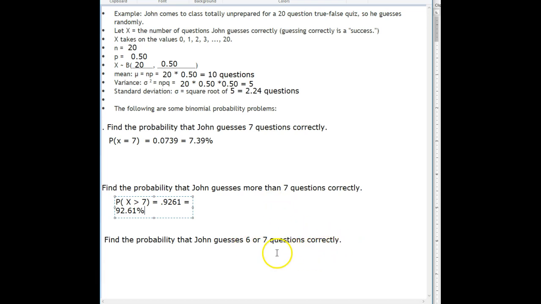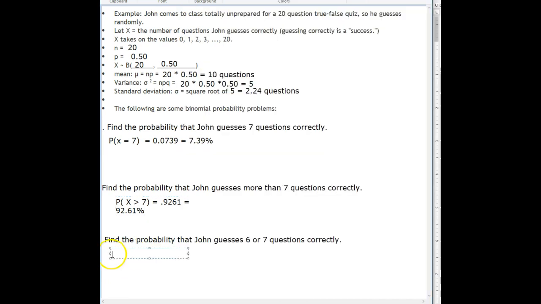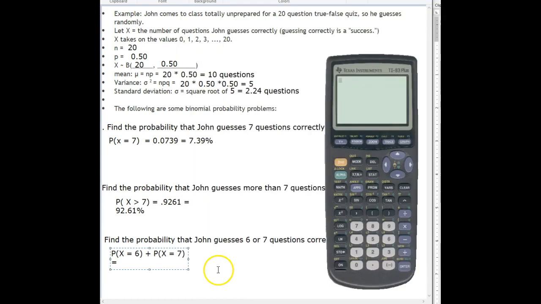Now let's find the probability that John guesses 6 or 7 questions correctly. The way that we do that is we are simply finding the probability of x equal to 6 plus the probability of x equals 7. And you can put this in your calculator all at once, and I'll show you how.